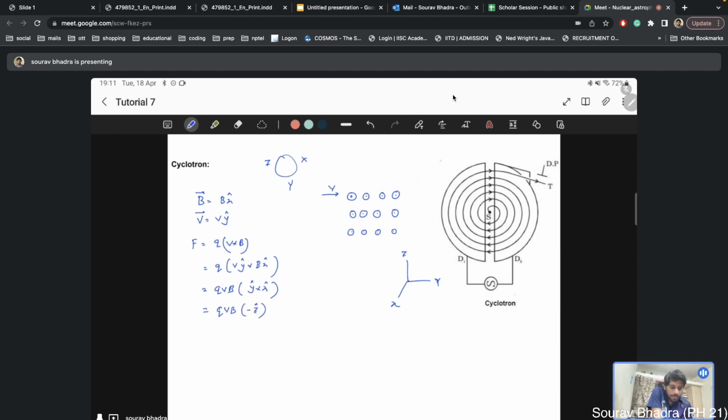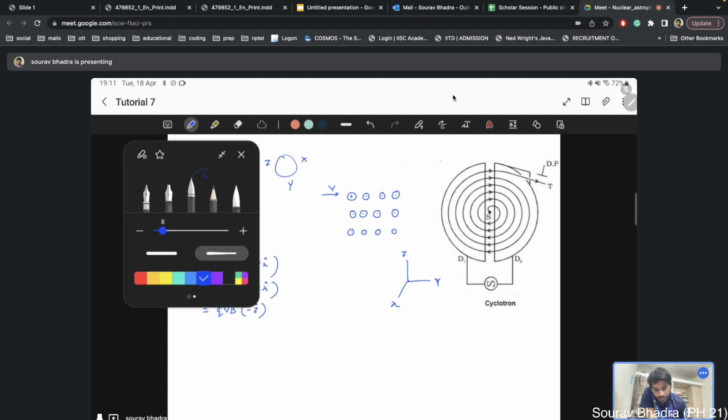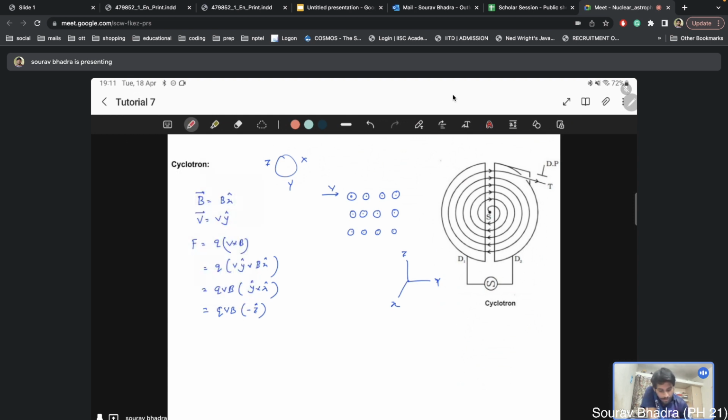That means if you have a particle with a velocity v along the positive y direction, and a magnetic field coming out of the paper, that means positive x axis B x, then your particle will feel a force in the minus z direction. So minus z means this direction, towards the bottom of the paper.